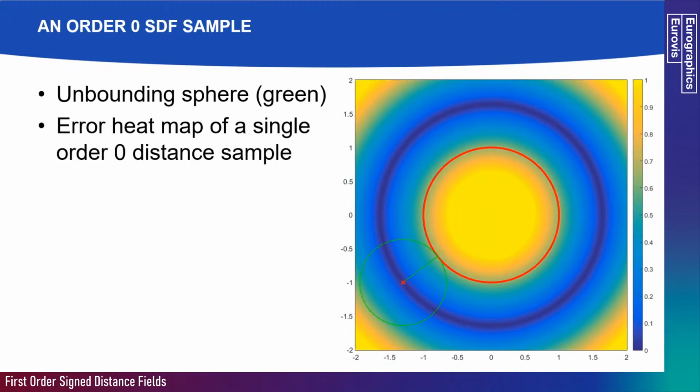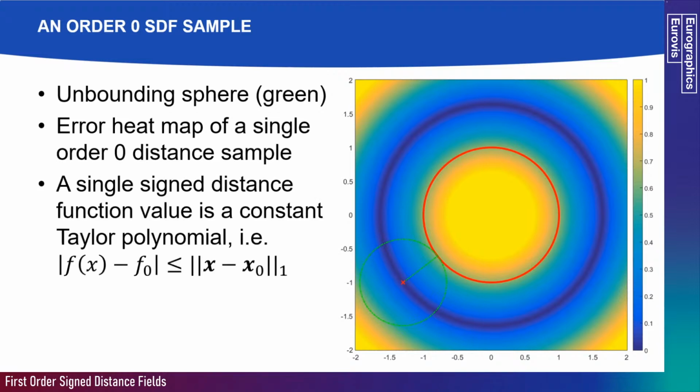We can plot the error heat map of a single distance value for a particular geometry, in this case the red circle, where blue means low error and yellow means large error.